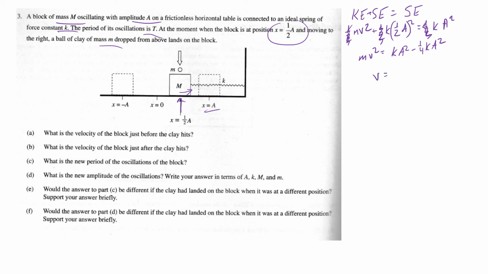So our v is going to equal 3/4 ka squared, and we're going to divide by m. So let's throw the m down there, and we're going to square root. And that's it. So this is the before velocity. I'm going to write that just because we're going to have to figure out another velocity in a second. So I want to keep them straight.